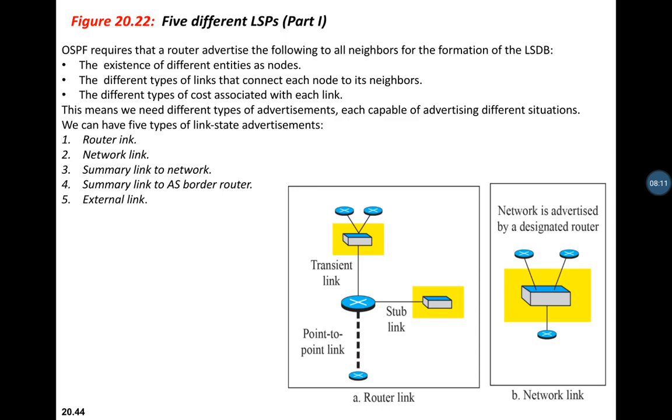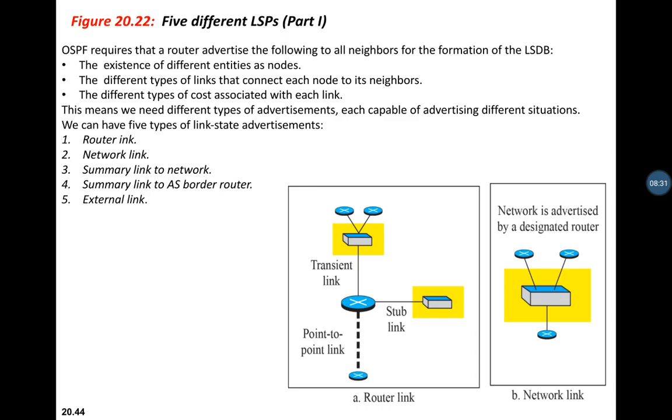So here, there are actually 5 types of link state advertisements: router link and network link, which you can see in this figure, and the remaining 3: summary link to network, summary link to autonomous system border router, and external link, which you can see on the next page.